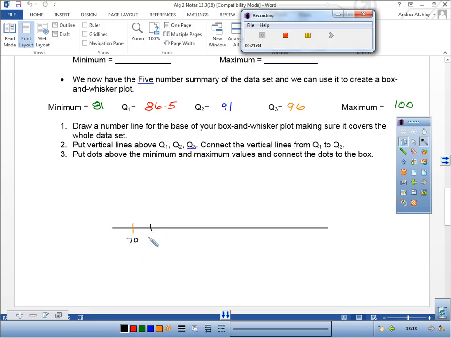Then I'm going to count by 5, 75, then 80, then 85, then 90, and 95, then 100, 105, let's do 110. Okay. Everyone with me? And then make little arrows at the end so it's a number line.